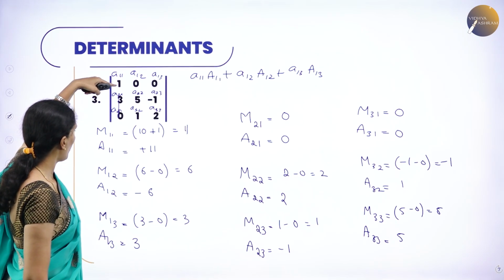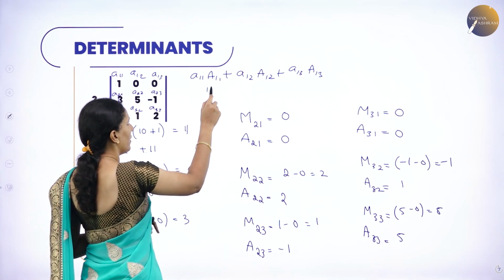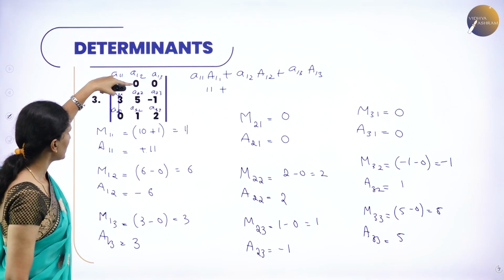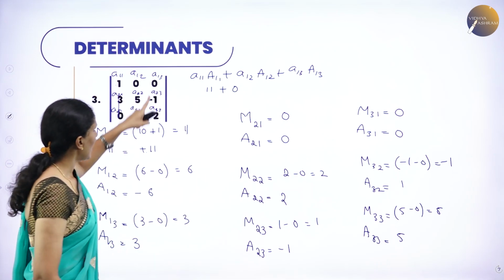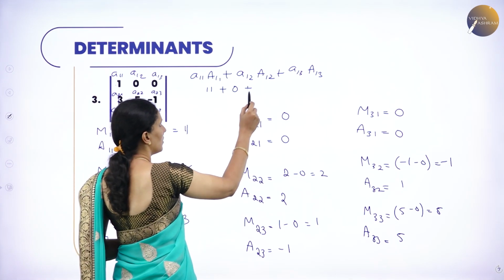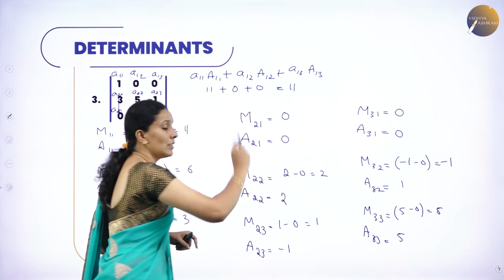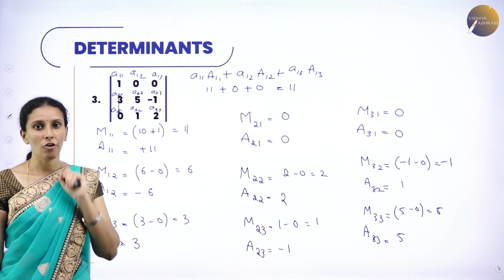That is, we are multiplying 1 into 11 which is 11, plus A12 is 0, 0 into minus 6 which becomes 0, and the last A13 is again 0. So the value is 11. This is always equal to the value of the determinant.